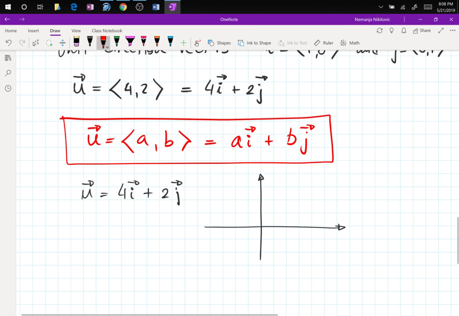You will draw 4 i's, and then you would go 2 j's up, and that would create your vector u. So you had 4 i's and 2 j's to come up with this graph.